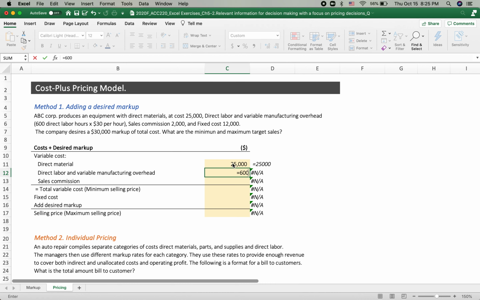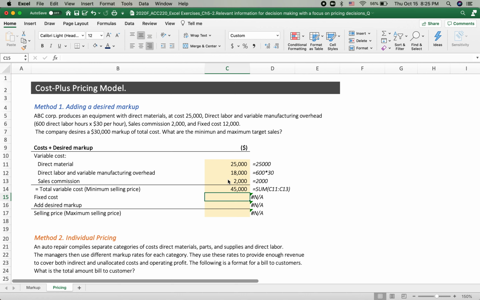So 18,000 is direct labor and variable manufacturing overhead. Sales commission is the given $2,000. So total variable cost is just the sum: 45,000.